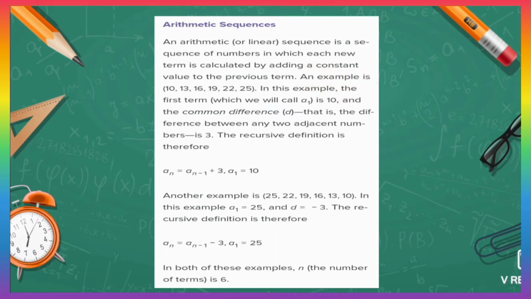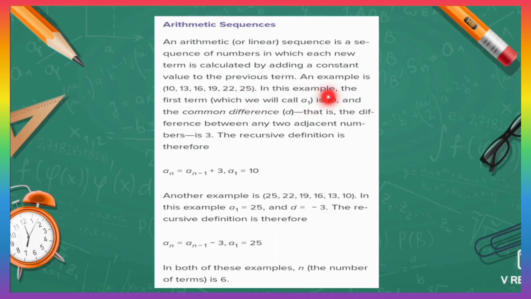An example is 10, 13, 16, 19, 22, and 25. So, ito ay tinatawag natin mga sequence. Sabi sa meaning ng sequence ay may ordered list siya. So, ito yung mga ordered list niya. Pero dito sa arithmetic sequence, tinatawag natin itong mga 10, 13, 16, 19, 22, 25, mga terms ang tawag natin sa kanila.